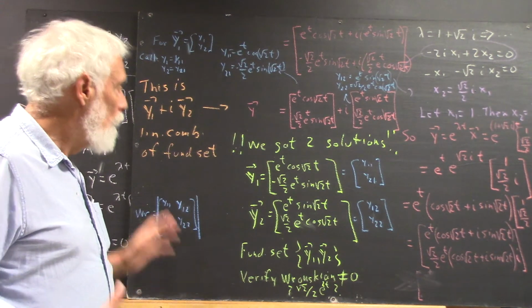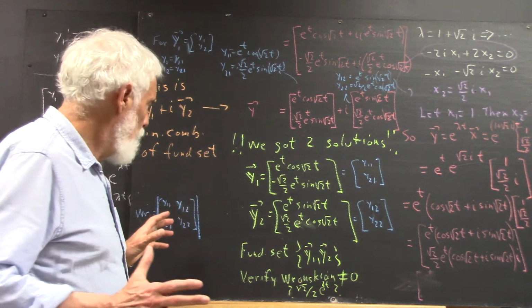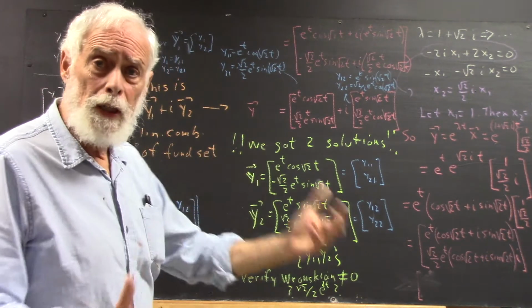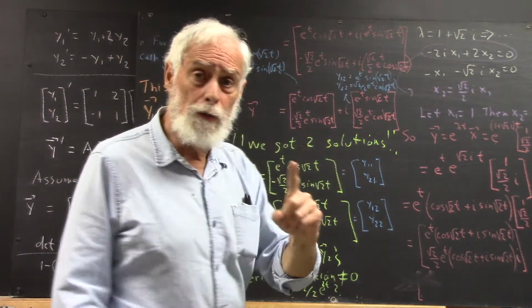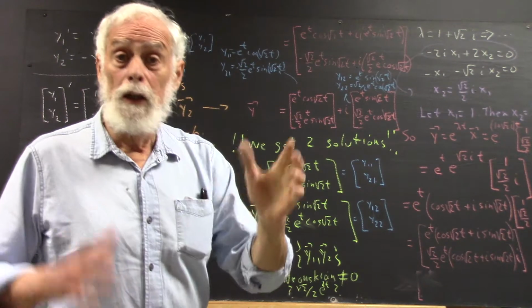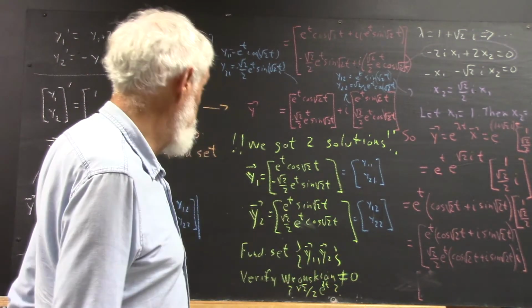So, okay, what's the big deal here now? Remember that when we did this, we got two eigenvalues, and all this came out of one of our eigenvalues. Now, our eigenvalues were complex conjugates.